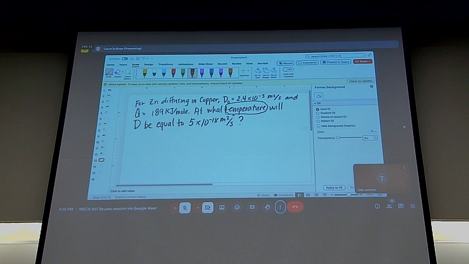So I want to write this equation in that logarithmic form and say that natural log of D, which is 5 times 10 to the negative 18, is equal to the natural log of D0, 2.4 times 10 to the negative 5, minus Q, 189,000 over RT, 8.31 times T.